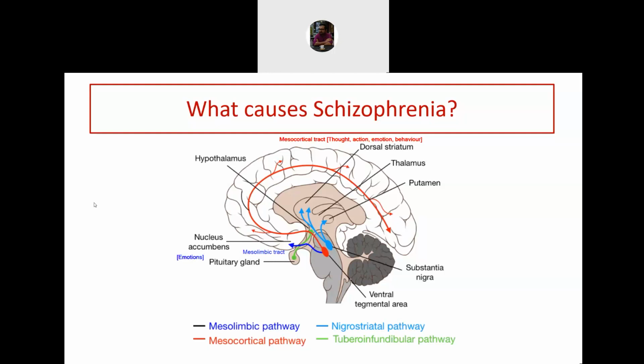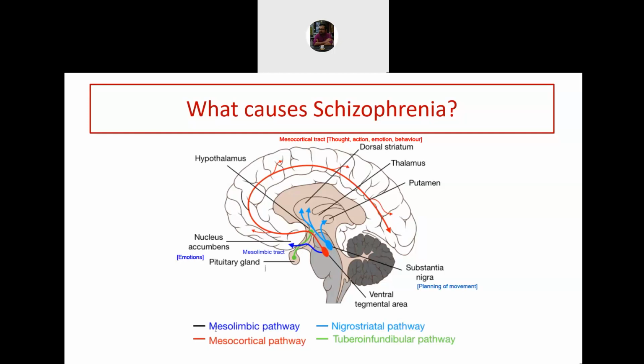We have the nigrostriatal tract that plays an important role in movement, as we all know. The nigrostriatal tract from substantia nigra to the striatum is responsible for planning of movement in the basal ganglia. And a small dopaminergic projection moves from the hypothalamus to the pituitary, which is called the tuberoinfundibular tract. This tuberoinfundibular tract regulates the release of prolactin.